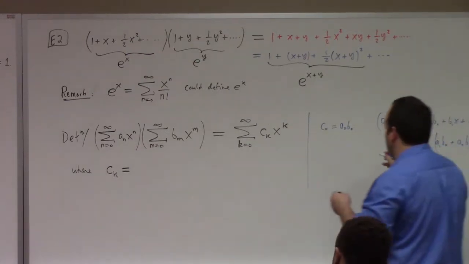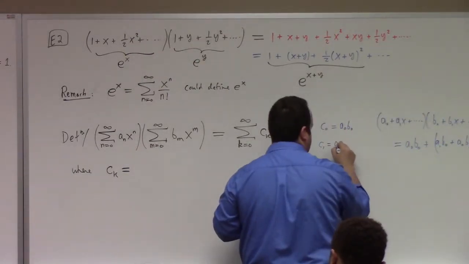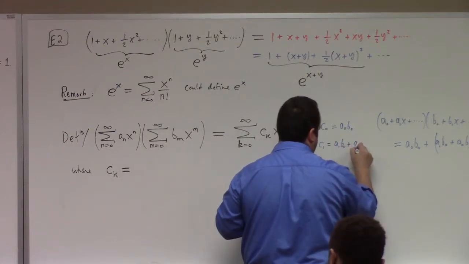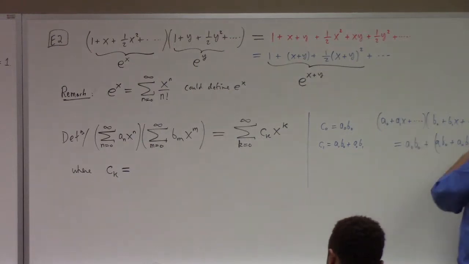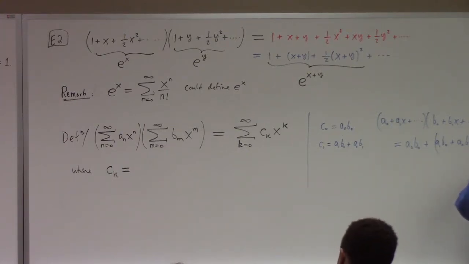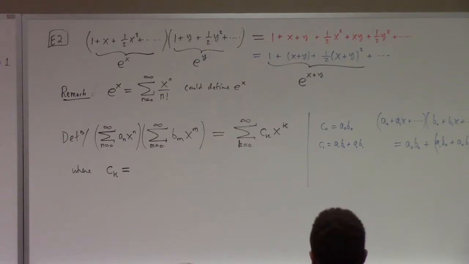That would be my c1. What comes next? If I had written out more terms, you could see what it was. It would be a2 b0 plus a1 b1 plus a0 b2, times x squared, right? So this would be my quote-unquote c2. Can you tell me what the formula is then generically for c sub k in terms of the a's and the b's?